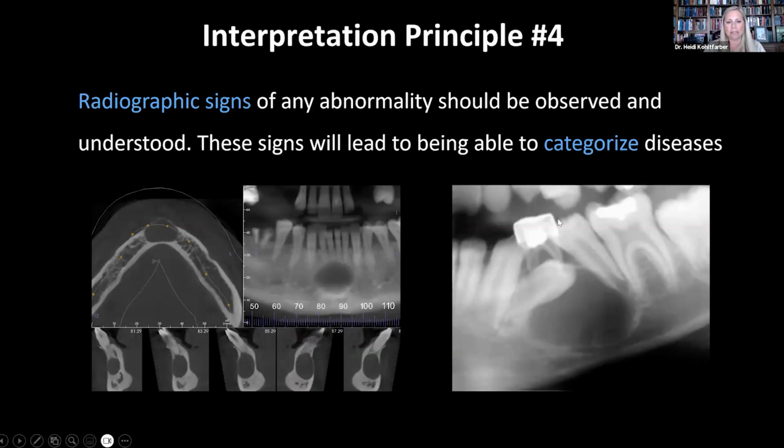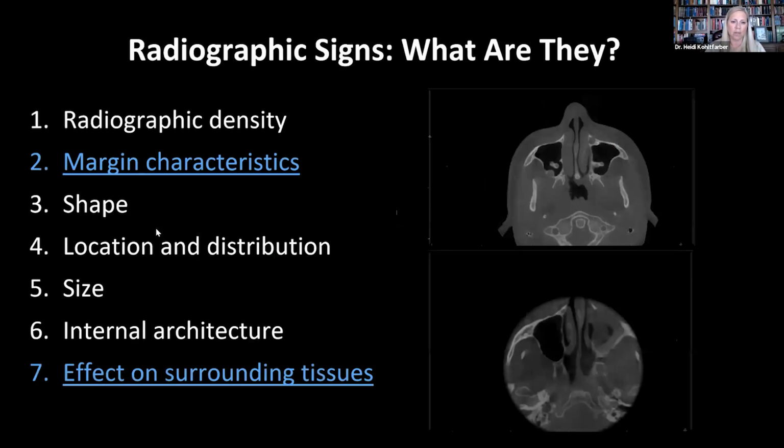Again, radiographic signs of abnormality should be observed and understood. So I can say, for example, well-defined corticated radiolucency, or we would call it a hypodensity because we're talking about CT. And so, that would drop it into a category of maybe a cyst versus, say, a benign tumor. So, what are the radiographic signs?